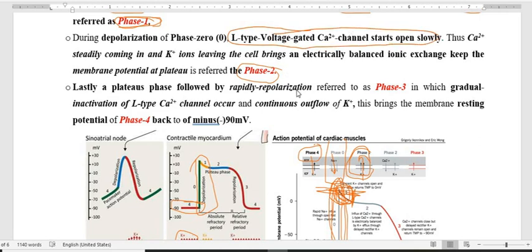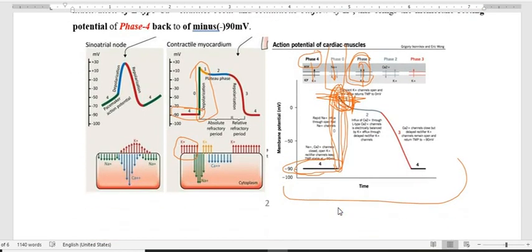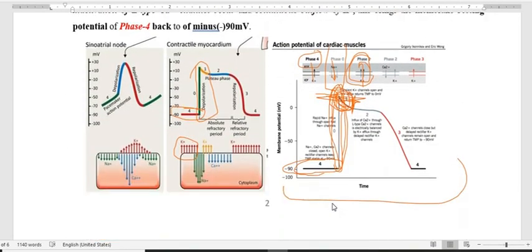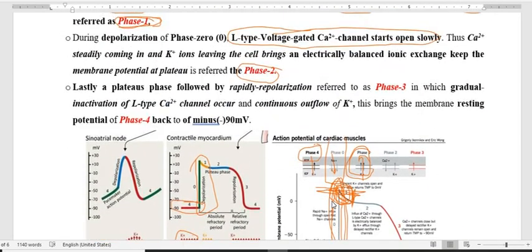So when phase 1 completes, near the completion of phase 1, there is an opening of the L-type calcium channel. Rather, you can say the L-type calcium channel starts opening from phase 0.